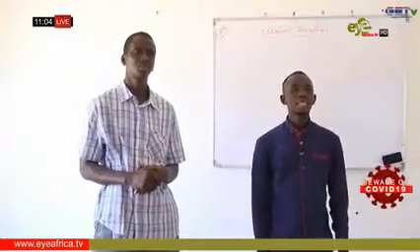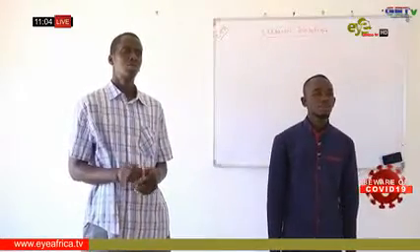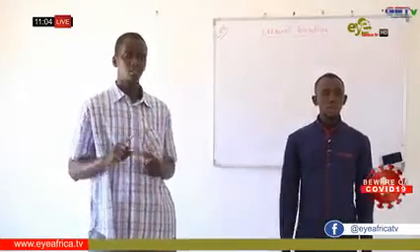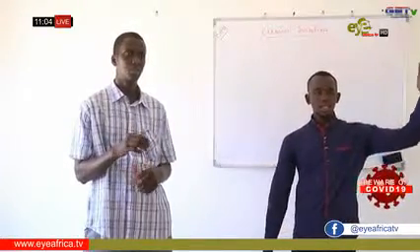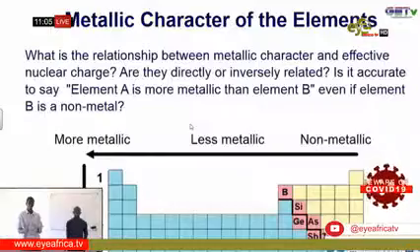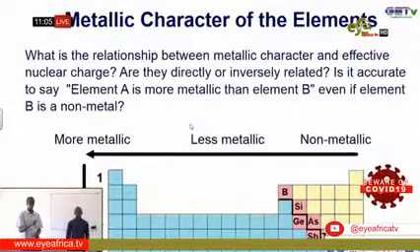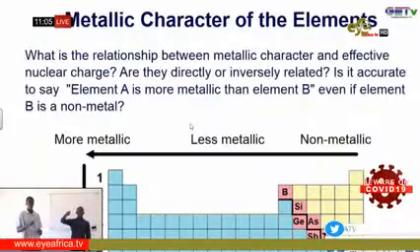Now, we have the metallic character of elements. The periodic table is composed of what? Metals and also non-metals. You have metals on the left side, and non-metals on the right-hand side.